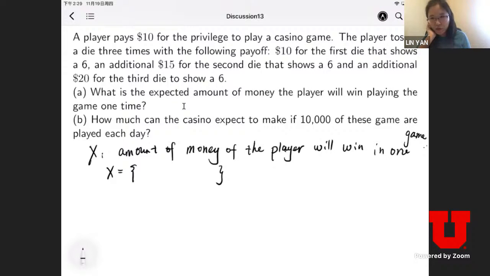Yes, we will need to use N(S), that is 6 to the power of 3, in this problem, but we need to decide what is X first.